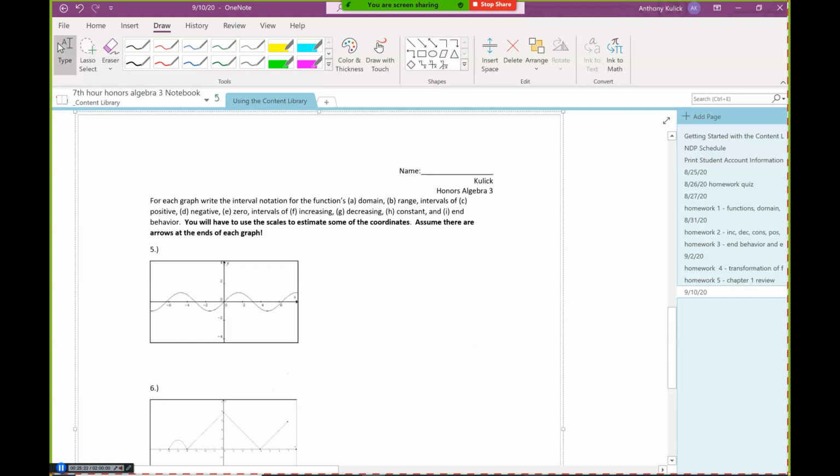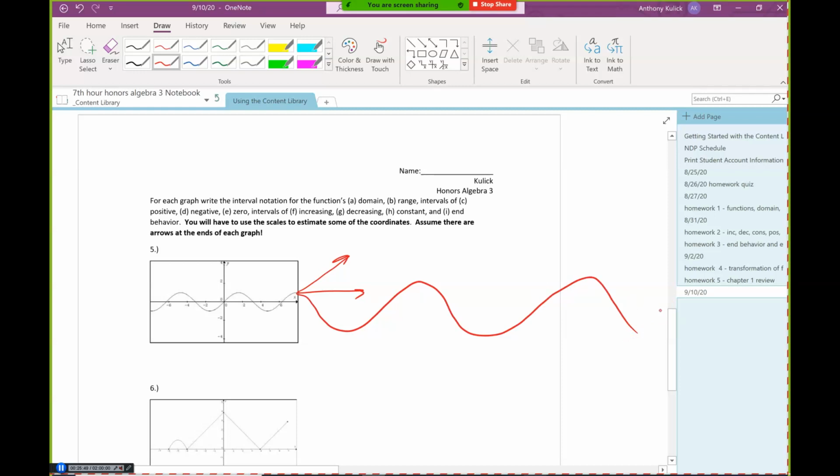Is that okay? Let's talk about 5's end behavior, because I skipped it for a reason. 5 is a bad situation for me to give you all around, because I say, assume there's arrows at the end of the graph, but it's unclear what the arrows at the end of the graph should really be doing, right? Am I just assuming it's doing this? Am I assuming it's doing this? And just keep on going?